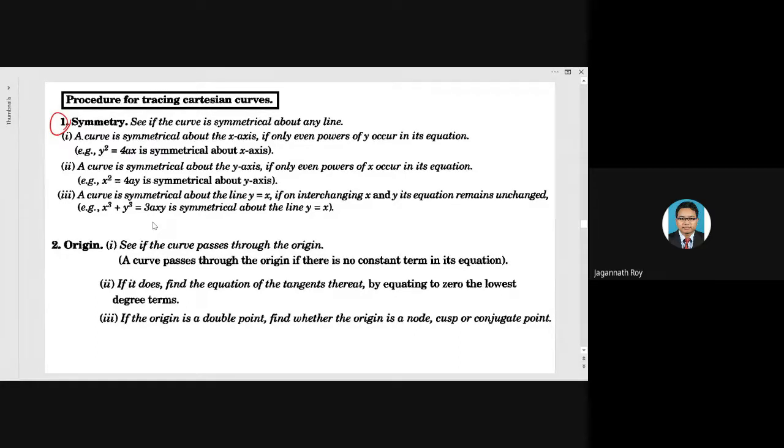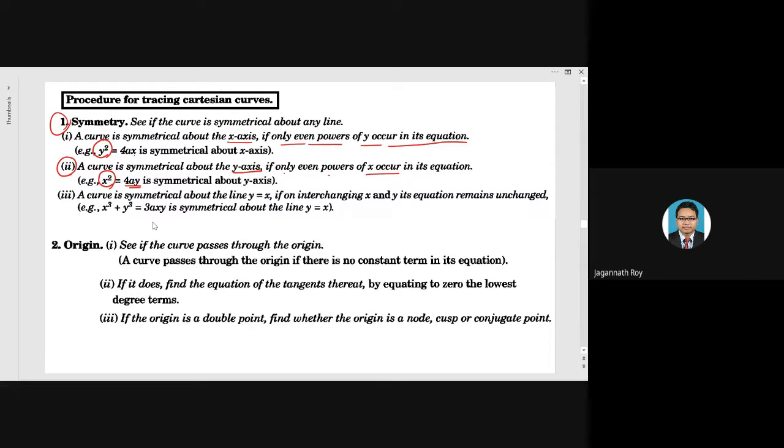First, a curve is symmetrical about the x-axis if only even powers of y occur in the equation. For example, here even powers are happening for y, but x has odd power. A curve is symmetrical about the y-axis if only even powers of x happen. For example, here.